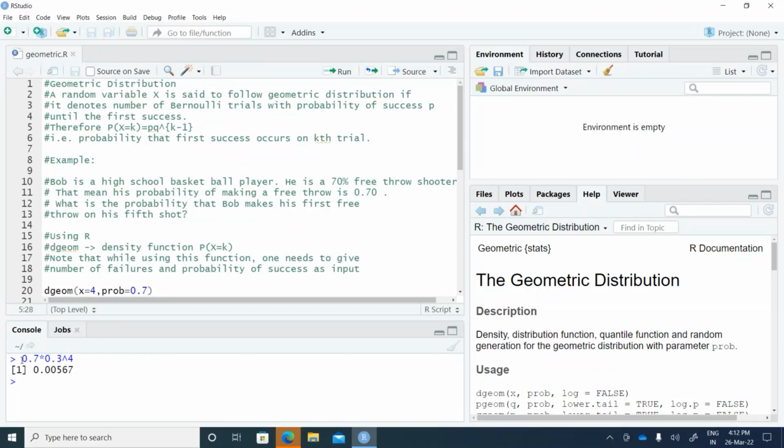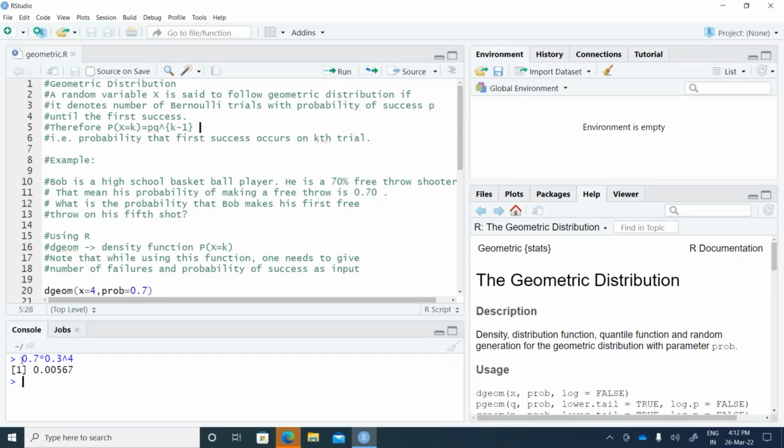Now in R, as you are already familiar with various distributions we have worked out, like binomial, Poisson, normal, etc., everywhere we looked at 4 functions. For example, for the binomial distribution, they were dbinom, pbinom, qbinom, and rbinom. Similarly, in geometric distribution, we have dgeom, pgeom, qgeom, and rgeom.